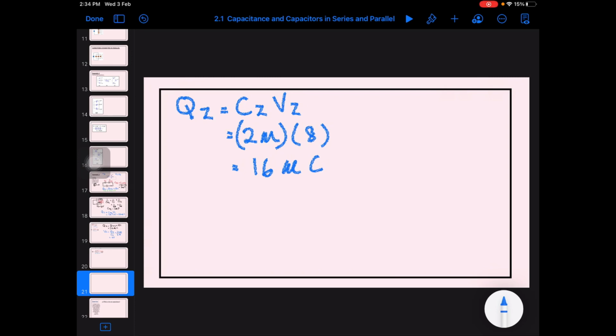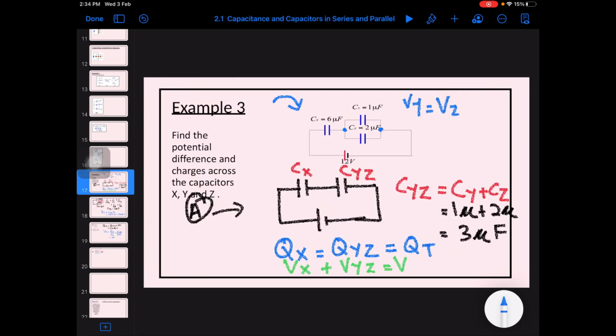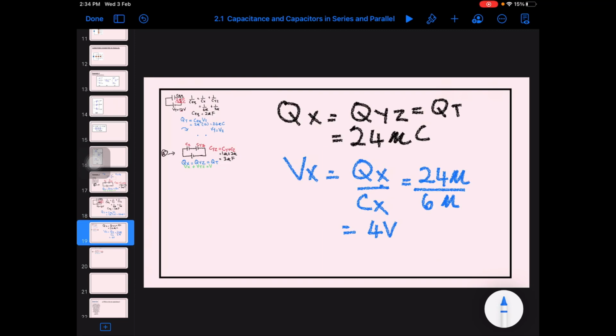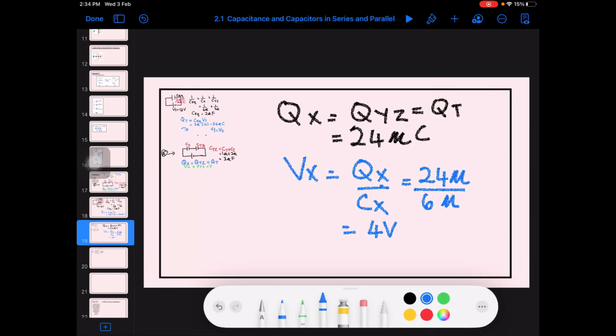So do we answer all the question? Q total, and then we have Vx and Qx. Qx is 24 microcoulomb, Vx is 4 volt. Okay, so we check first.